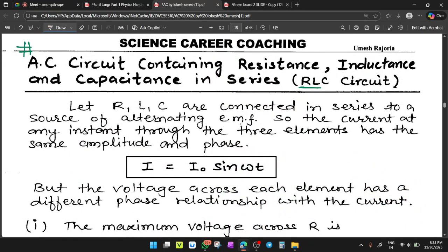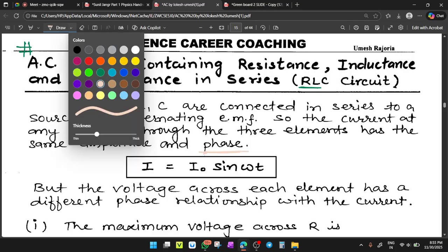Okay, so read the theory. Let R, L and C be connected in series to a source of alternating EMF. The current at any instant through the three elements has the same amplitude and same phase, that is I equals I naught sine omega t.